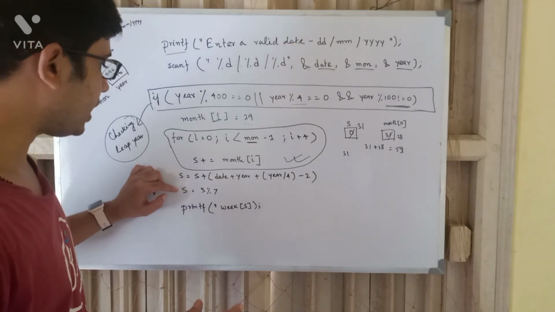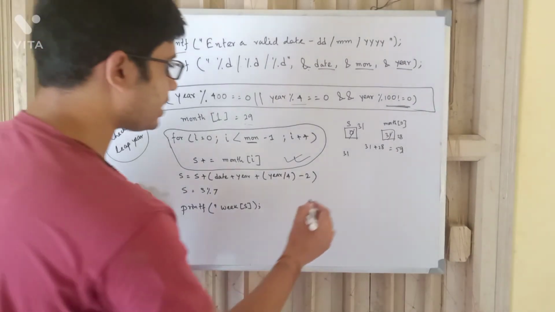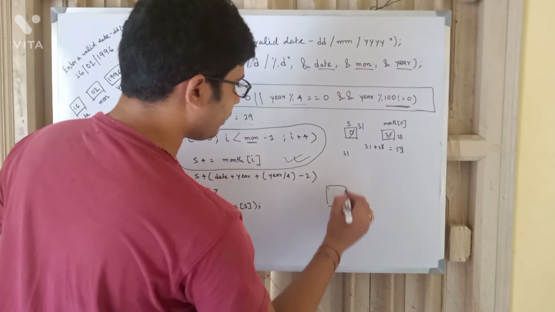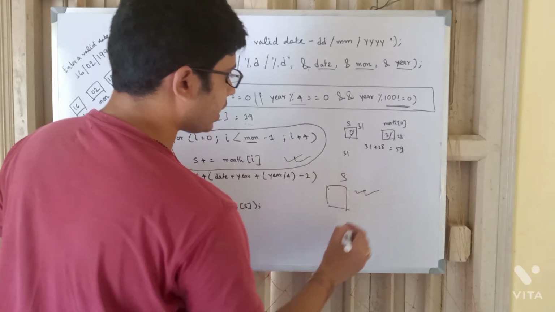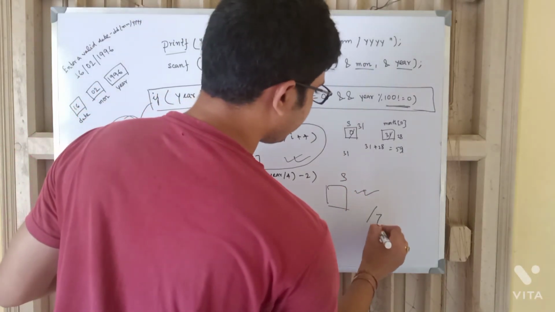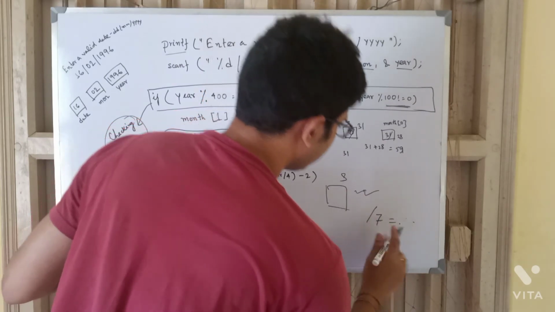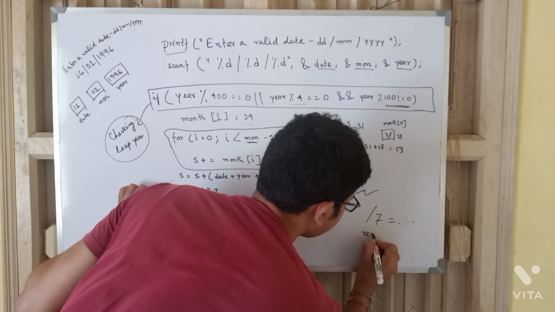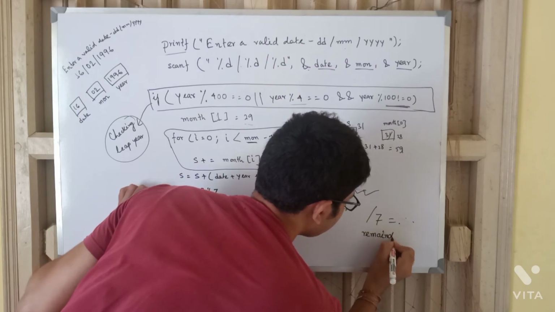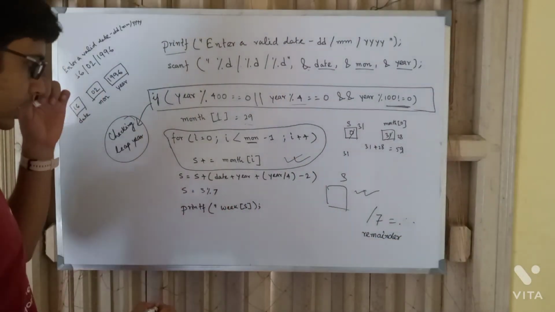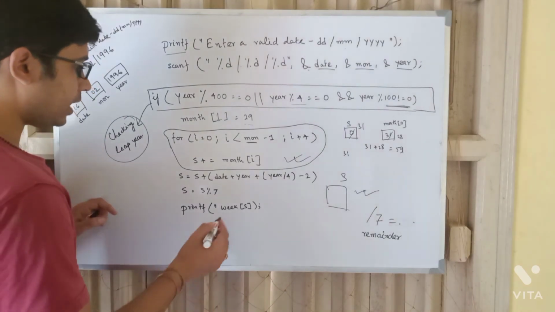After that, whatever value of S we get, at last we divide by 7 and take the remainder, and print that statement.